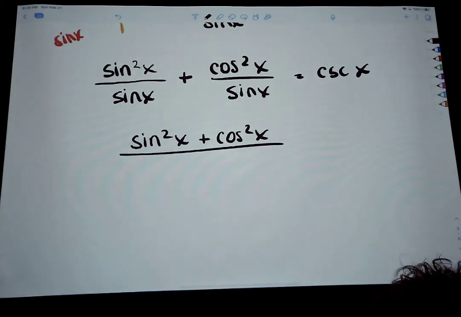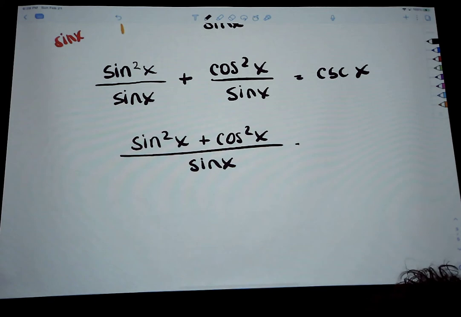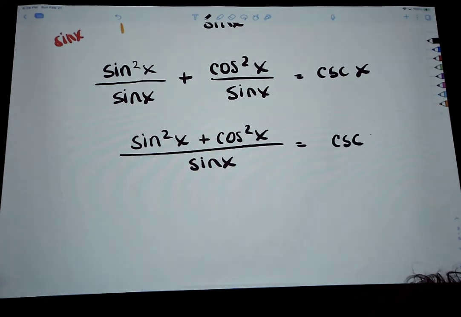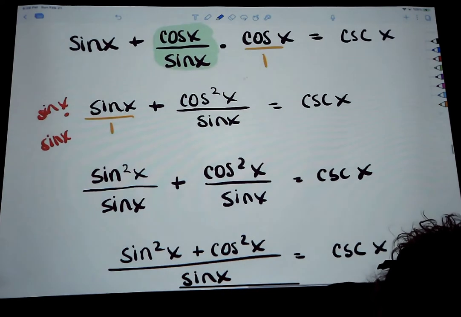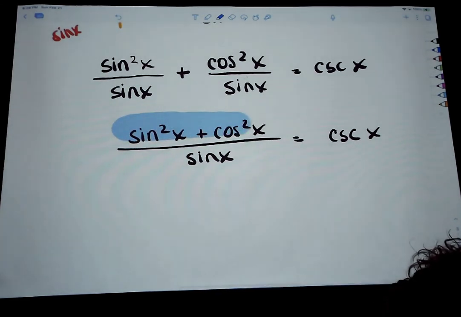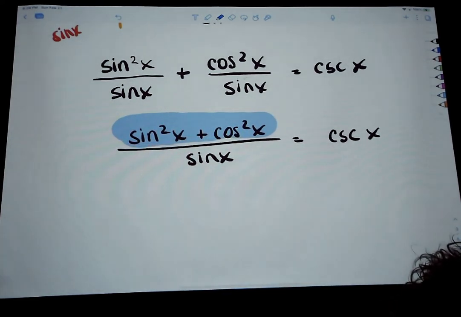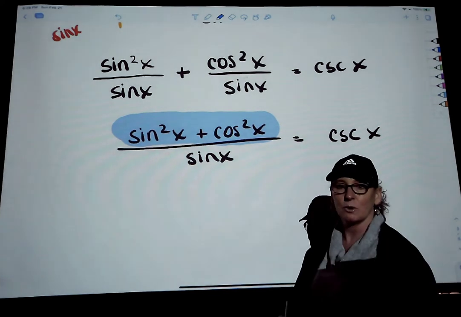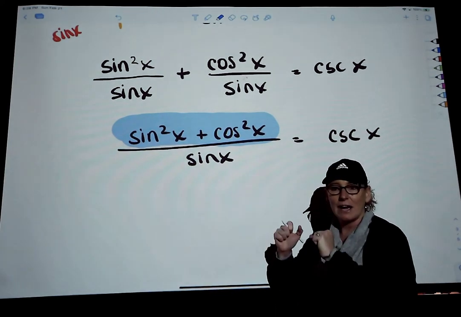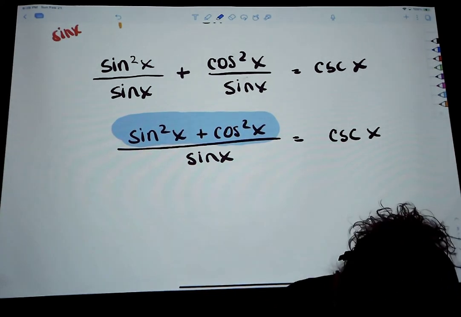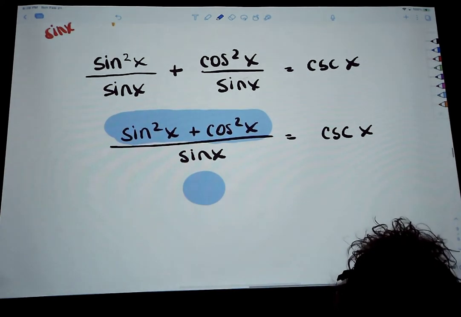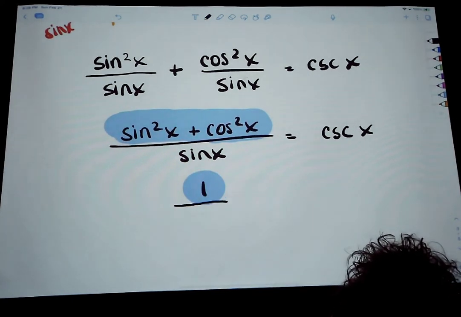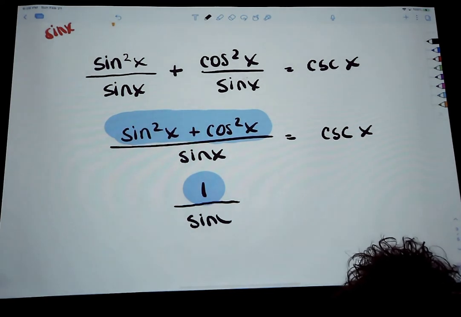Some of you see where this is going. This is a thing. You should recognize it. Sine squared plus cosine squared. Pull that out. Put a 1 in its place. Wow, that's a big one.